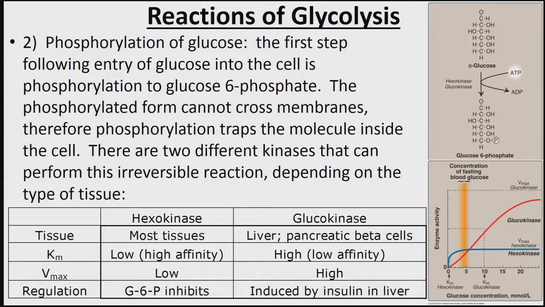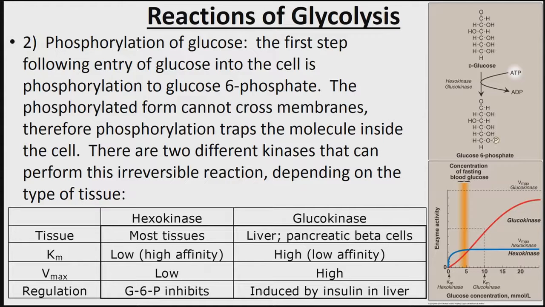So what happens when we phosphorylate glucose? Well, in order to transport glucose, it has to be free glucose. Once you phosphorylate it, you've made a highly charged molecule. It's very difficult to transport charged molecules, and we don't have a transporter for glucose 6-phosphate or any phosphorylated form of glucose.